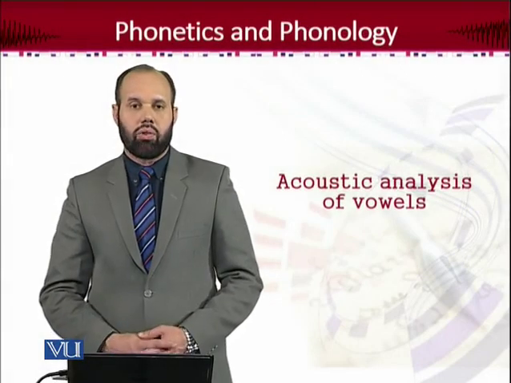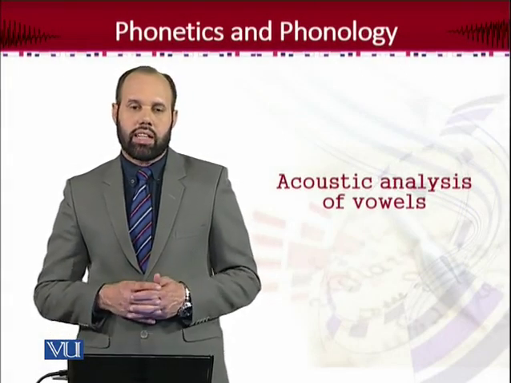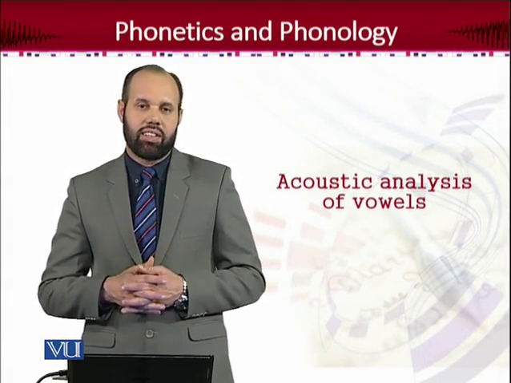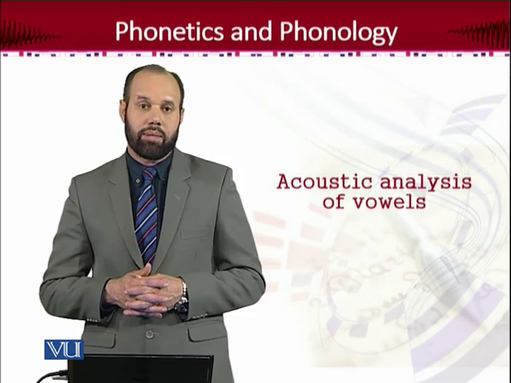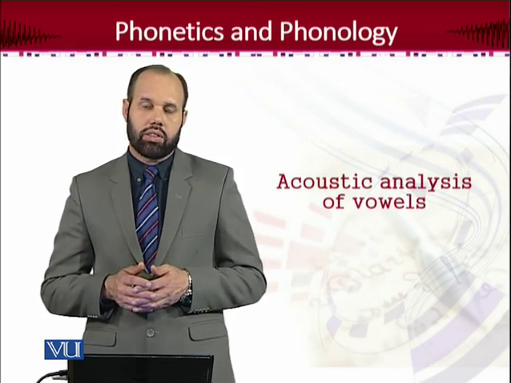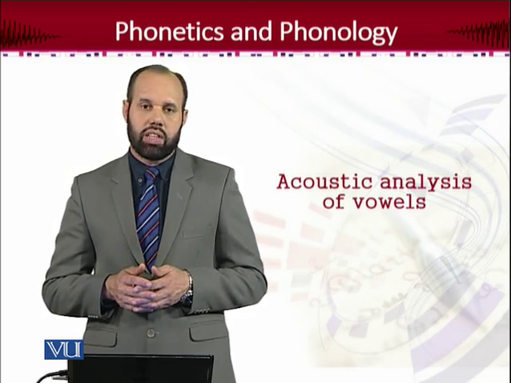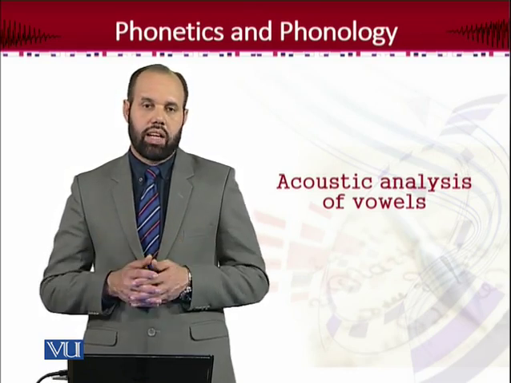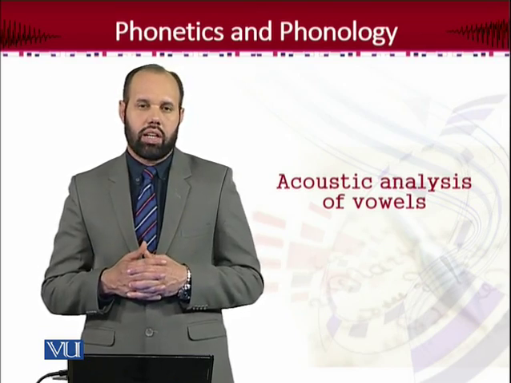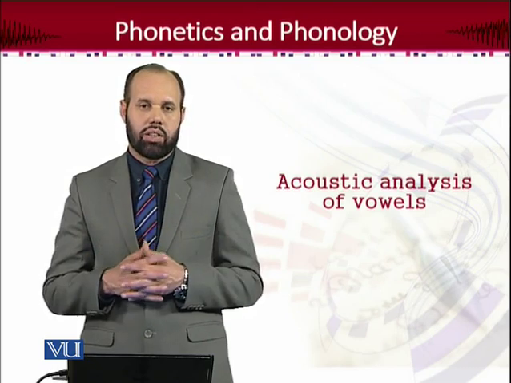In the acoustic analysis of vowels, we started by discussing the most layman, the most non-technical understanding of spectrograms. Then we talked about the features of the first three formants, and their correlation and comparison among the vowels, right?